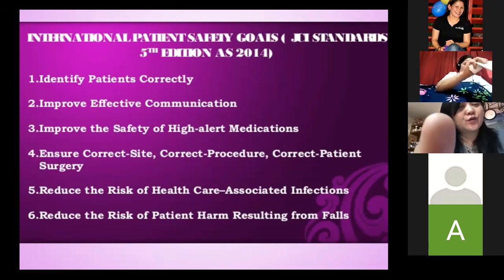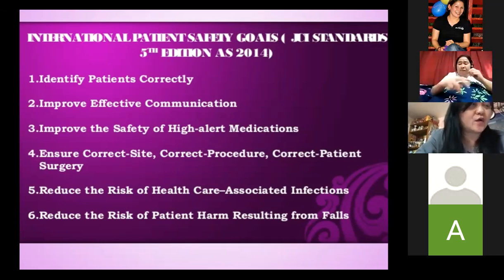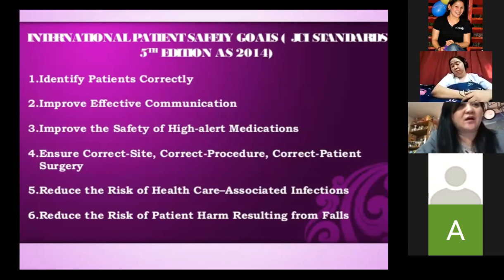So you have to watch the patient carefully, and hindi natin iiwanan basta-basta yung patient natin. If we bring the patient to one area, we have to be with them. We do not leave the patient alone. And if the patient is sleeping, always put the side rails, because if you don't, especially when they are moving and they are sick, it will be a great problem.